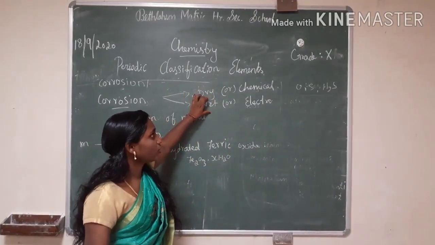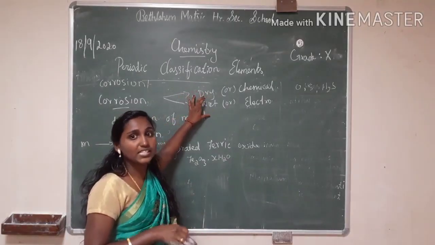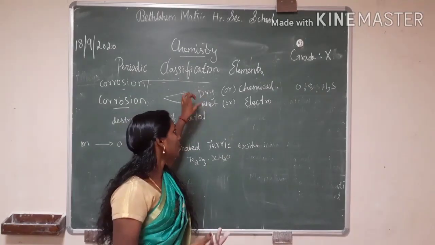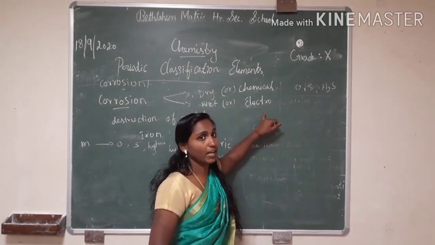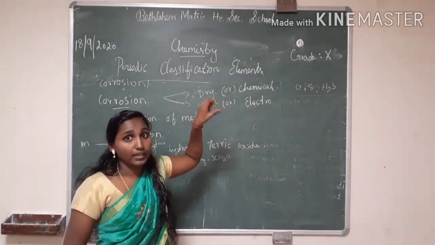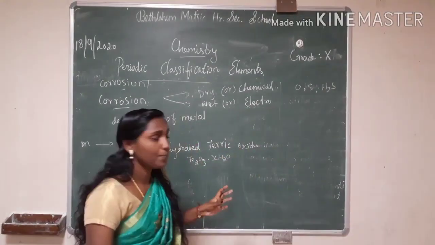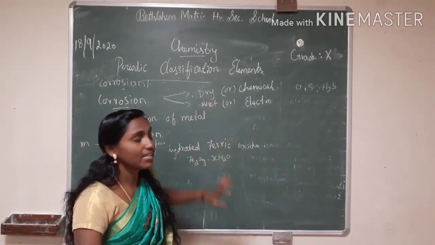Then wet corrosion. Here the presence of moisture, presence of water, hydroxide compounds. The presence of moisture is called wet corrosion or electrochemical corrosion. In wet corrosion, acids or bases or water, or salt water, can attack the metal surface.